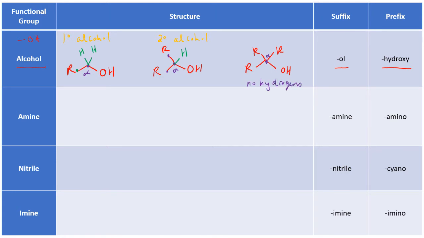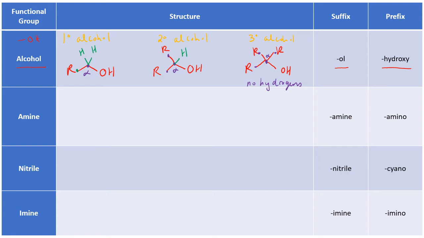This is an example of a tertiary alcohol. We got no hydrogens there, and if we count our carbons around our alpha position, we got 1, 2, 3. So for alkyl halides and alcohols, how you figure out primary, secondary, or tertiary is the same. You look at how many carbons are bonded to that alpha position.